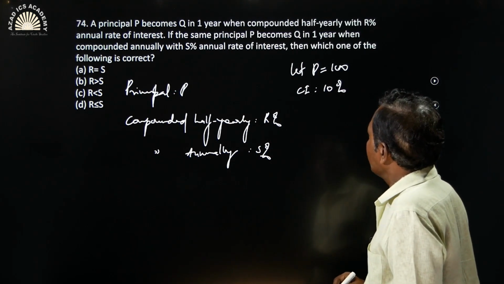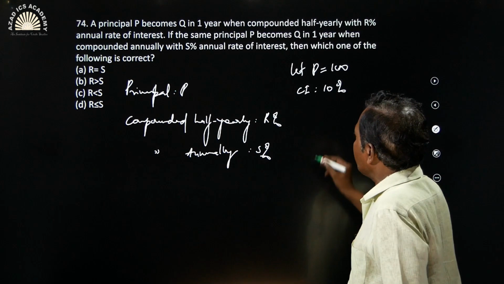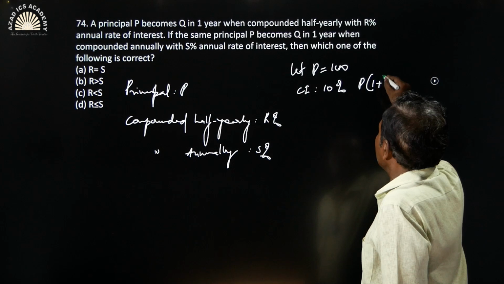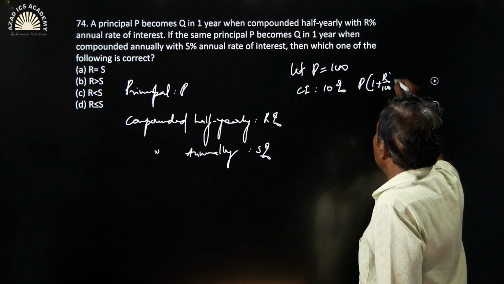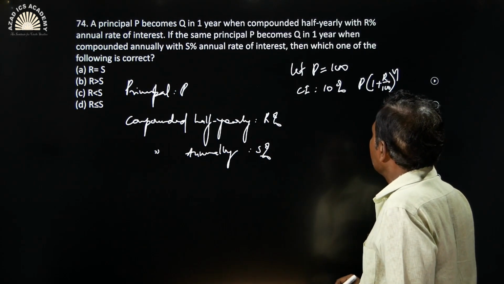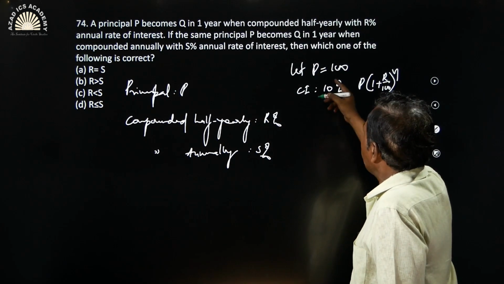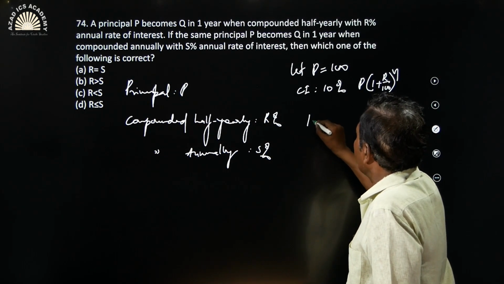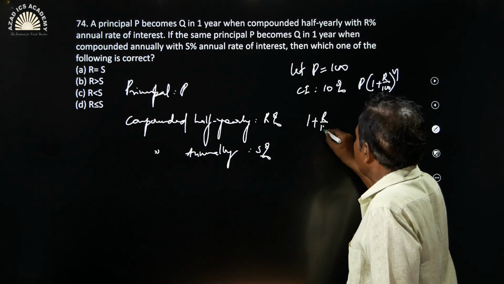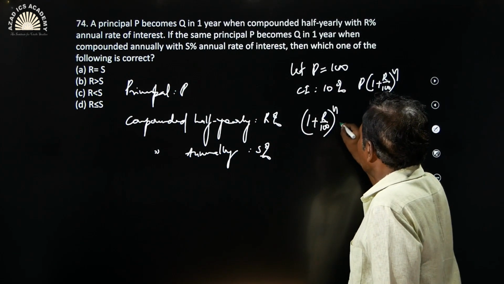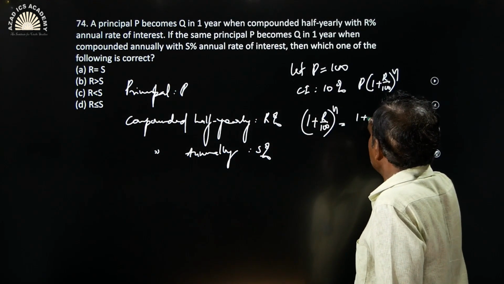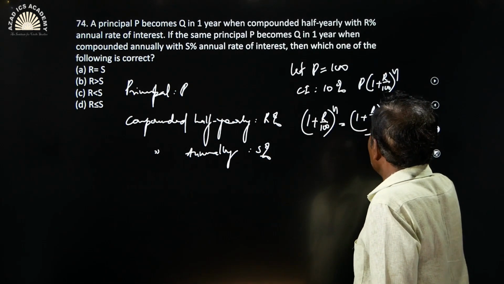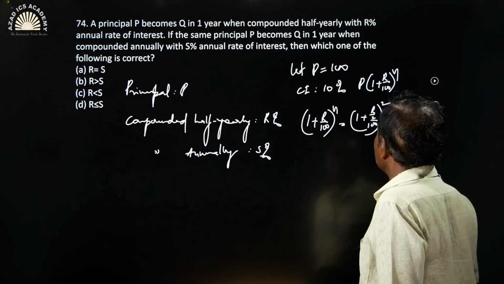For compound half yearly, the formula is P into 1 plus R by 2 by 100 to the power of 2 terms in 1 year.